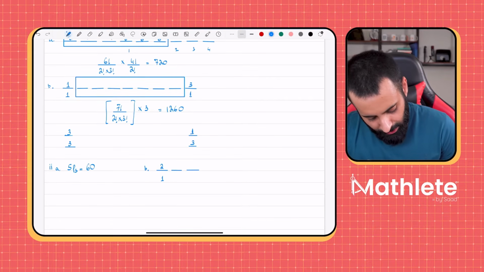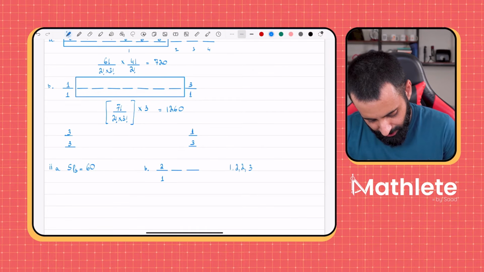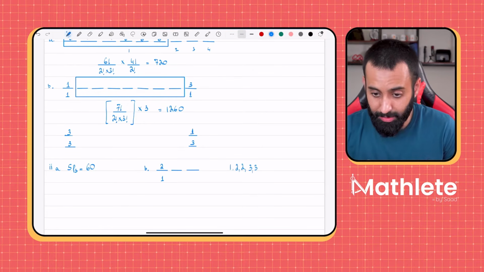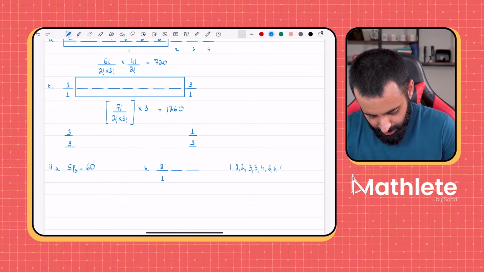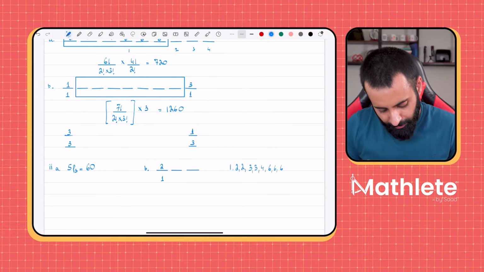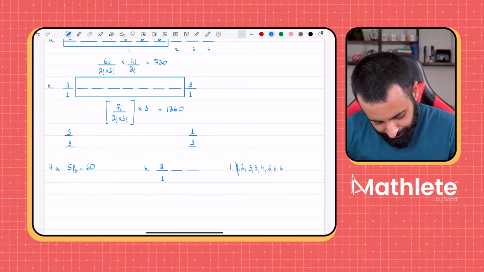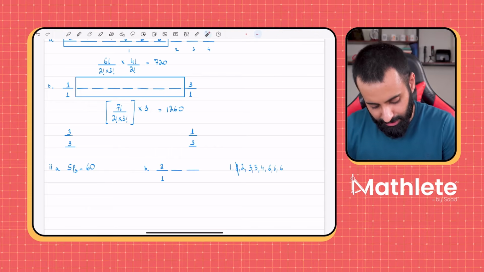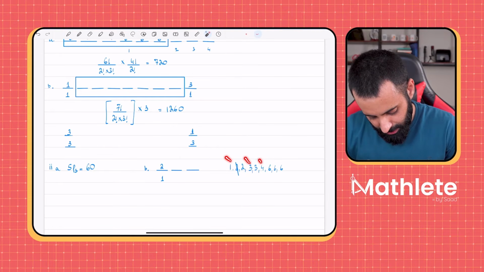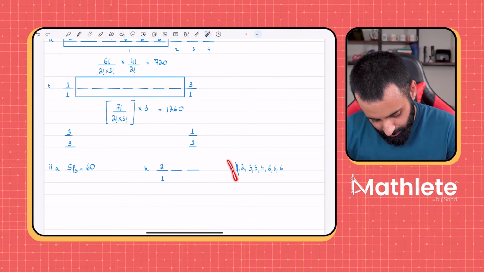Okay, now, notice that we initially had 9 numbers. Okay, so we have 1 1, 2 2s, 2 3s, 1 4, and 3 6s. Okay, now notice that a 2 is gone. Now, how many unique numbers do we still have? We still have, let's see, 1 2 3 4 5.